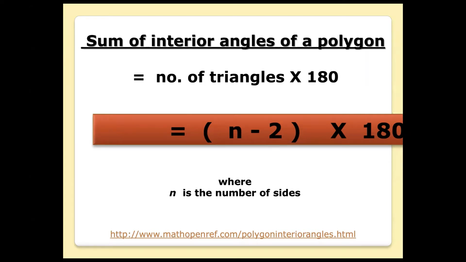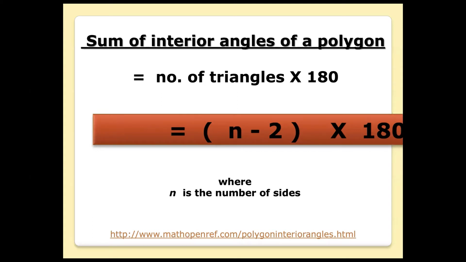To find the measure of each interior angle, we do this rule divided by 180? No, not divide by 180. I want to find the measure of each interior angle of a regular polygon if we know the number of its sides.